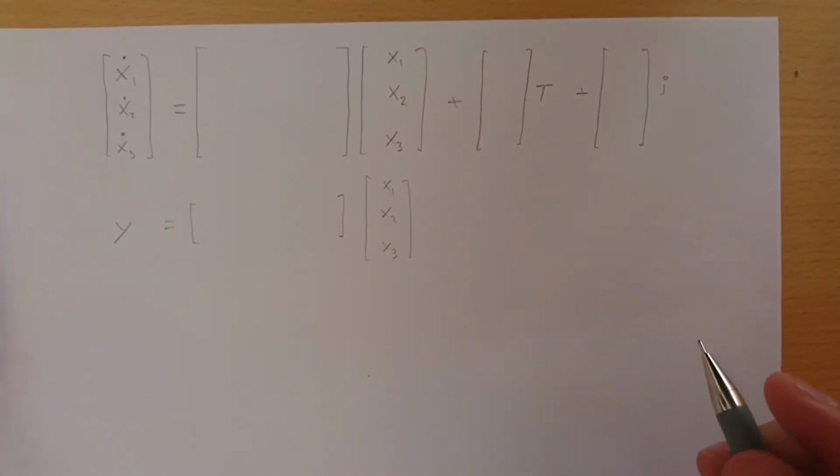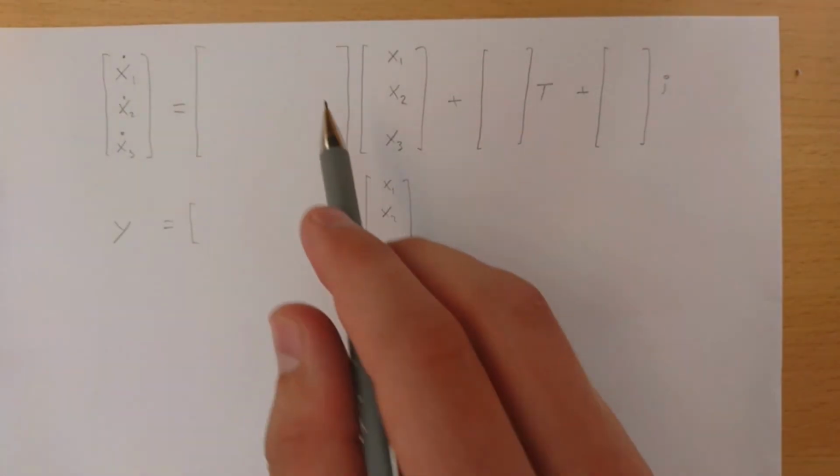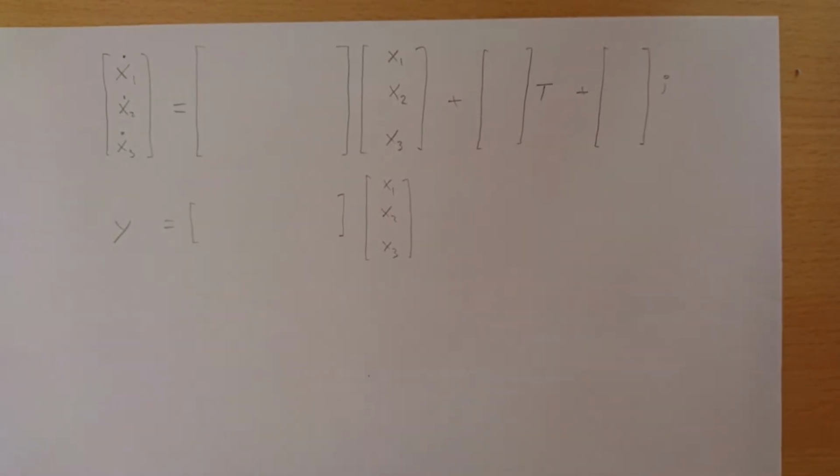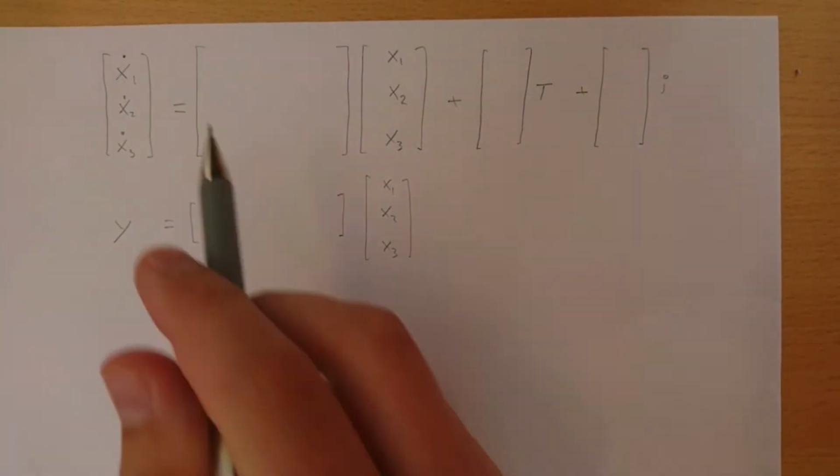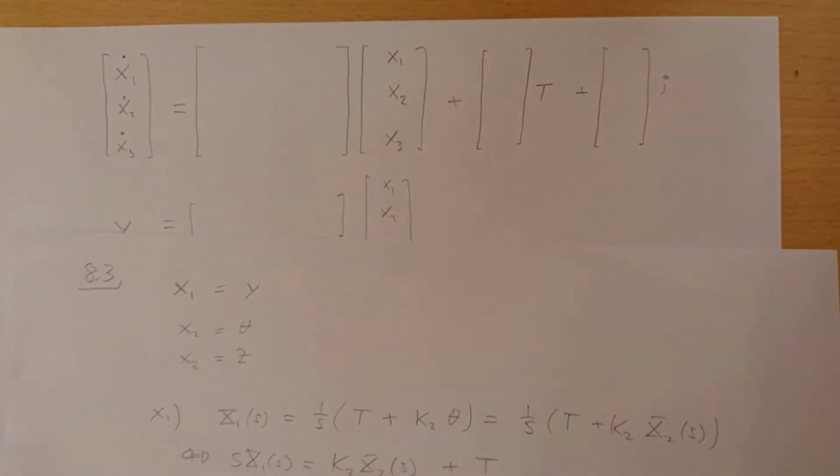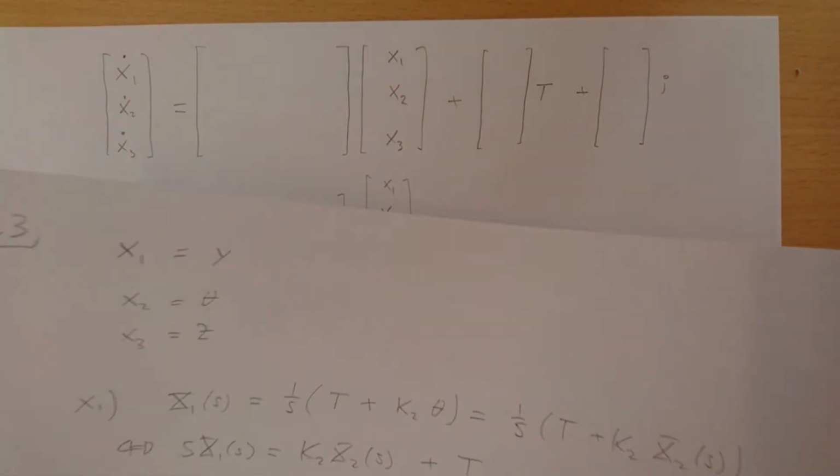Okay, so let us fill in the components in these matrices. So we start with the A matrix, and we can start with the relationship for x1. So what did we have?